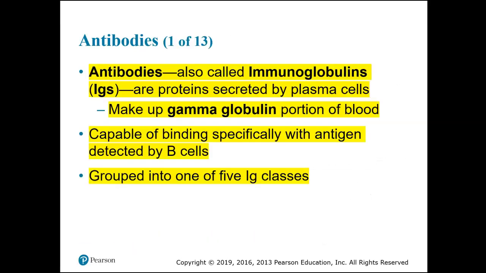Agglutinin, okay. Antibodies are agglutinins and antigens are agglutinogens. But anyway, we're just going to call them antibodies or immunoglobulins here. But they are secreted by plasma cells, which of course began as B cells.